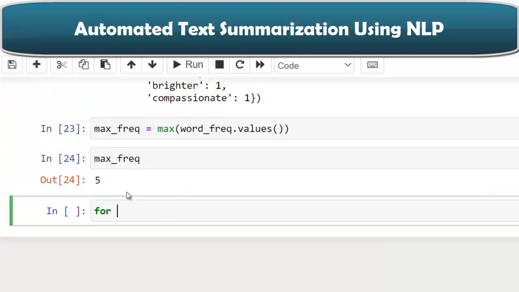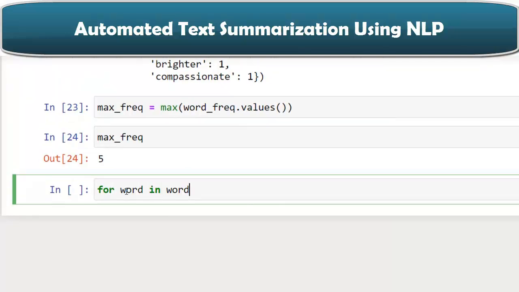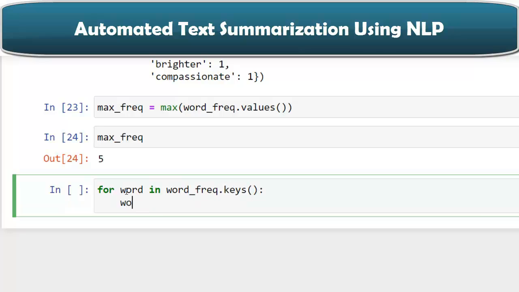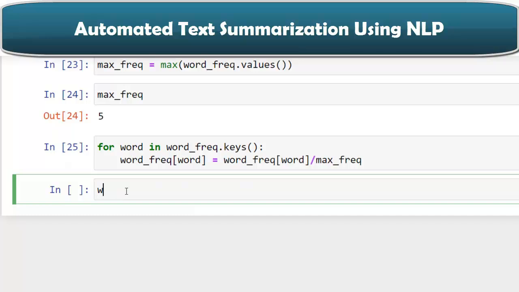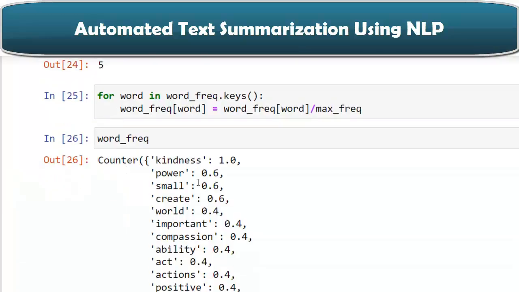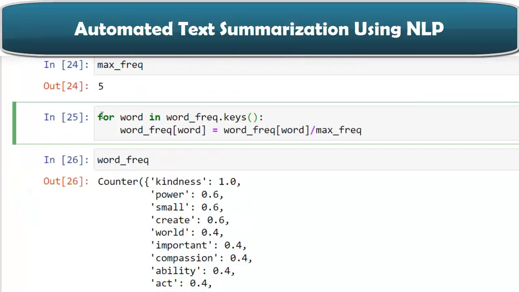For that, let me write: for word in word_frequency.keys(), word_frequency[word] equals word_frequency[word] divided by max_frequency. Now let's check. As you can see here, the normalized values.